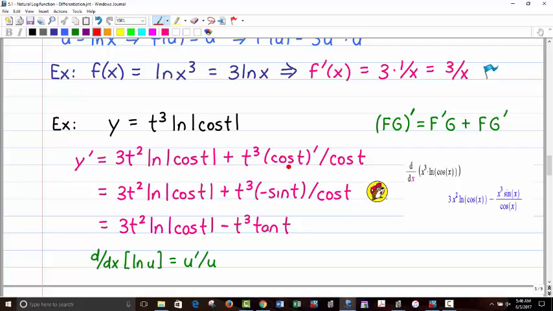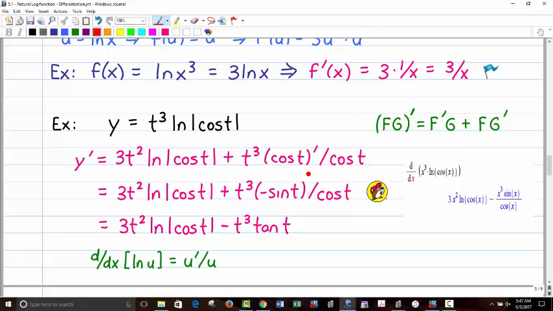So then we want to take the derivative of cosine of t, which is negative sine of t. Now notice it's very important that I have parentheses wrapped around there. Unless you go ahead and bring the negative out first, then you don't need the parentheses. Otherwise, it would look like subtraction. But if I move the negative in front, then I could drop the parentheses like I did right here.